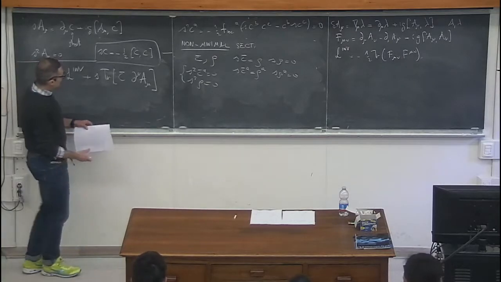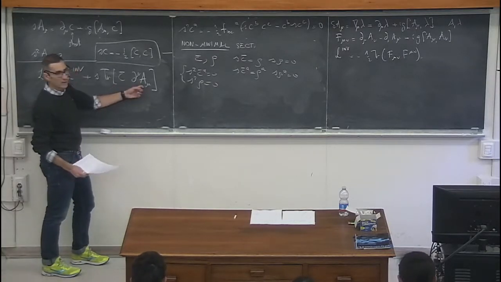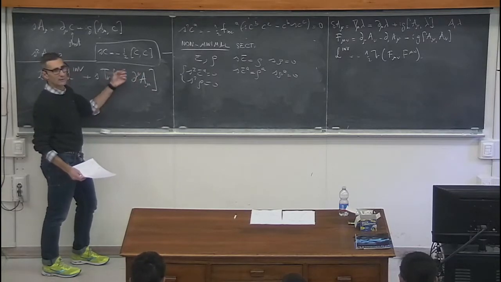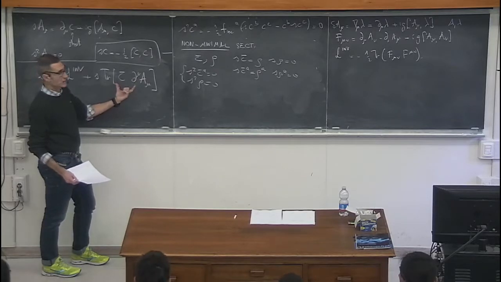Now you see, these two objects have values in the Lie algebra. Therefore, I need the trace in order to be invariant under the rigid symmetry, at least.